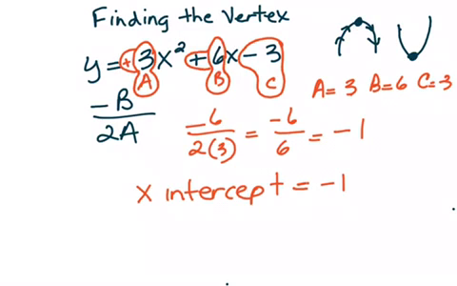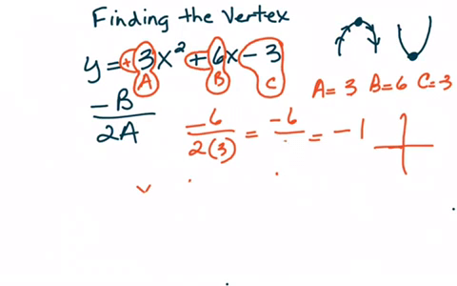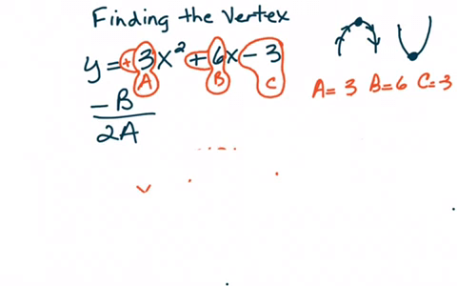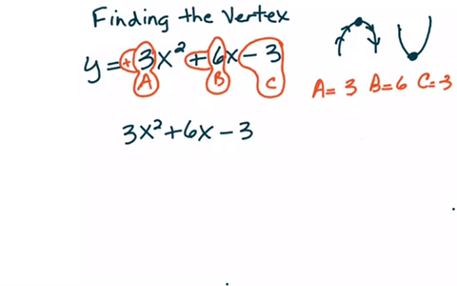So now I know that on my graph, I'm going to go left 1, but I don't know if I'm going up or down. All right, now we're going to do the next part. So we know that the x value is negative 1. Let's not forget that. Now we're going to go back into the formula, 3x squared plus 6x minus 3, and plug in negative 1 for the x. 3 times negative 1 squared plus 6 times negative 1 minus 3.